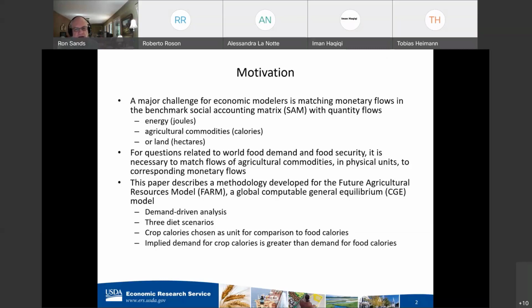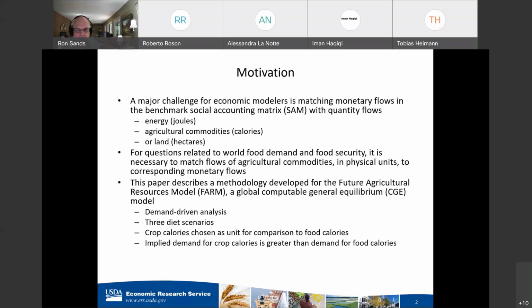I've chosen to use calories because it's easier to aggregate and compare food products and crops grown on the land. So you'll see calories used throughout as the quantity unit for agriculture. I won't say a lot about the land allocation in the modeling, but that's another presentation and story by itself, trying to match up land quantities and land values.